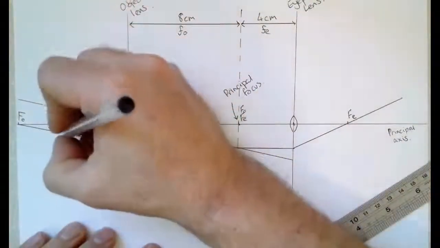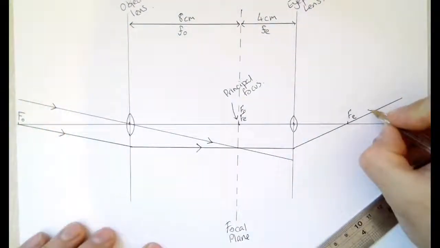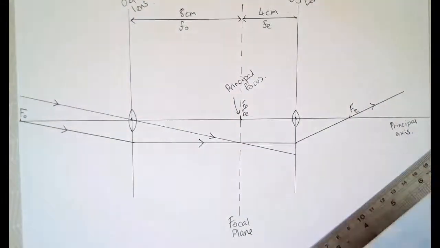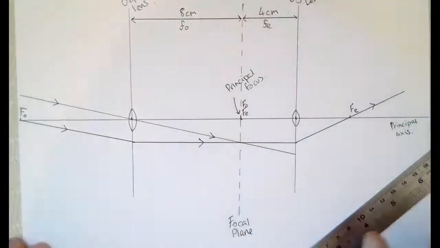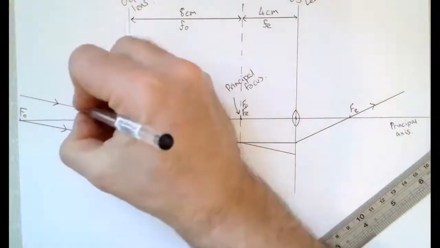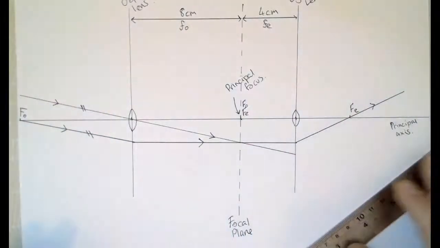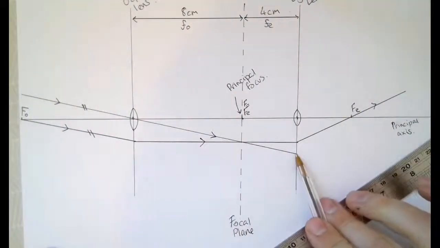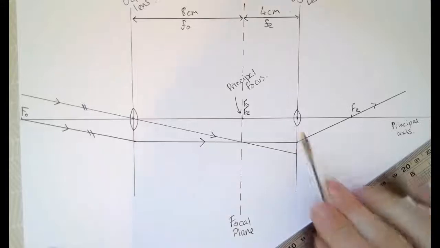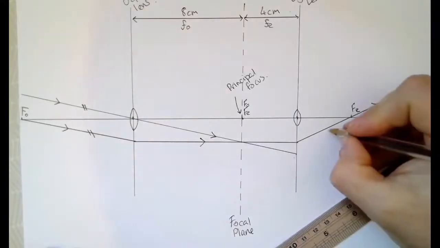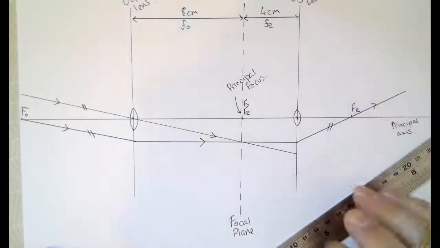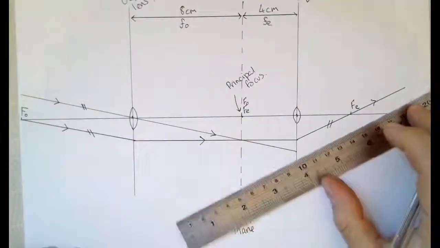And it will look like that. Again, just a directional arrow to show which way the ray of light is travelling. Now, you'll notice that these two rays of light are parallel, and this suggests that when this ray of light leaves the eyepiece lens, it's going to be parallel to the second ray we drew, so we can complete our first ray now.